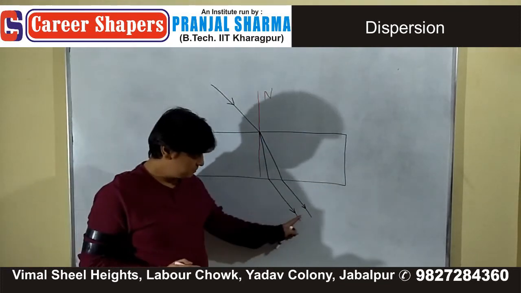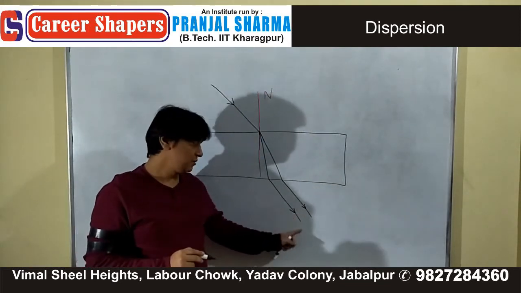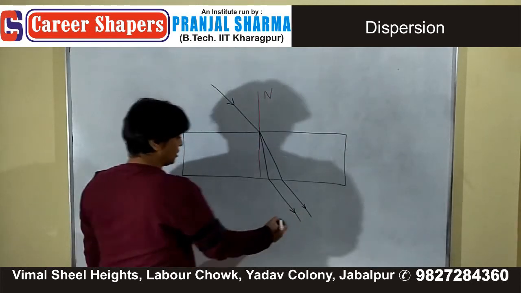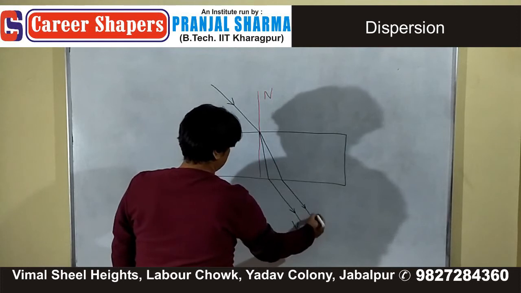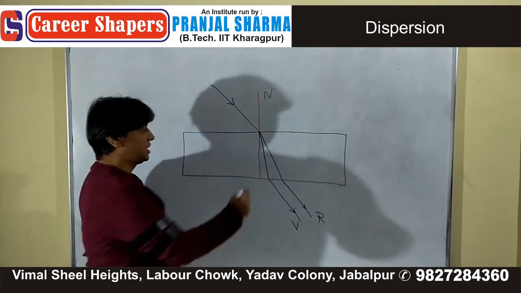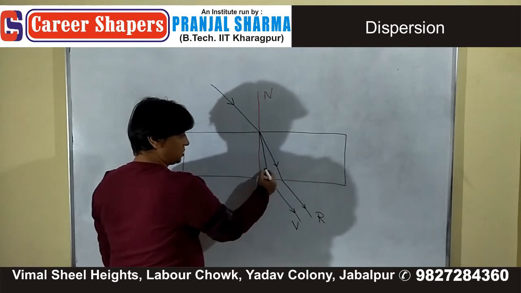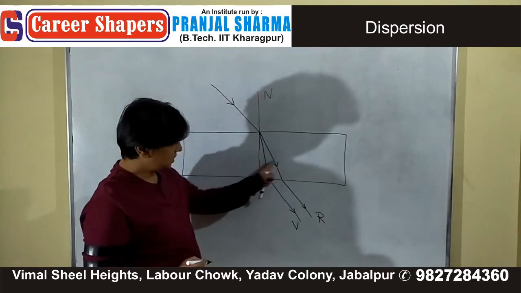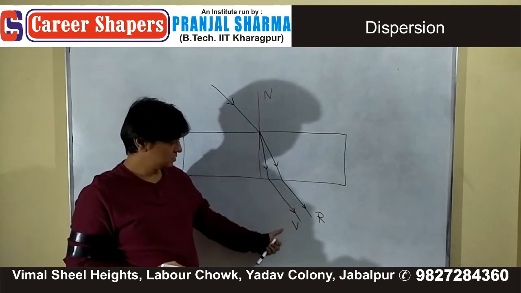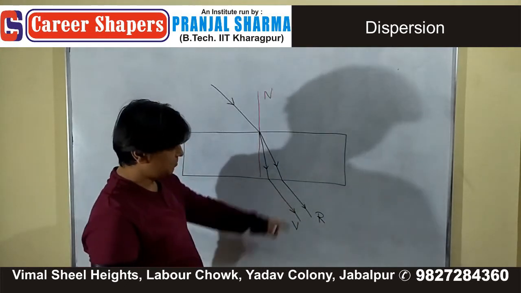Look at this setup. I hope you can see that these two, they both are parallel. This is your V, this is your R. Inside, they're not parallel. As they come out, V and R become parallel. Why?